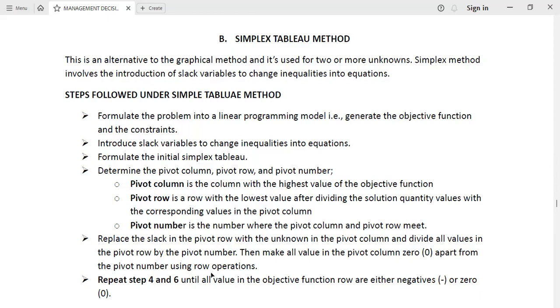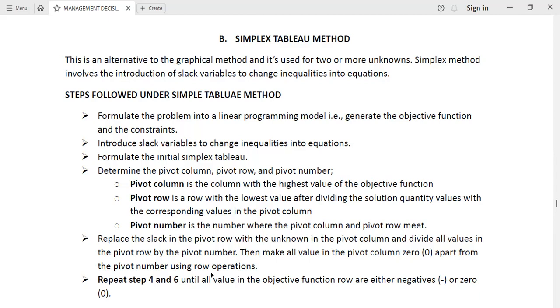The last one is the pivot number. A pivot number is that number where the pivot column meets the pivot row, or where the pivot row meets the pivot column. In other words, where those two meet.